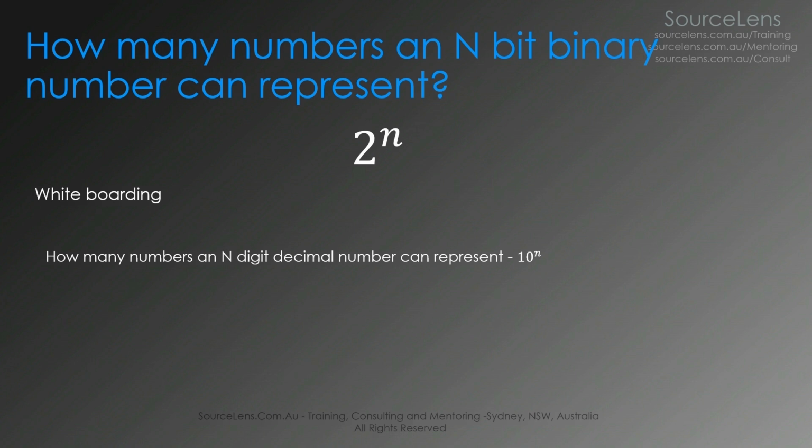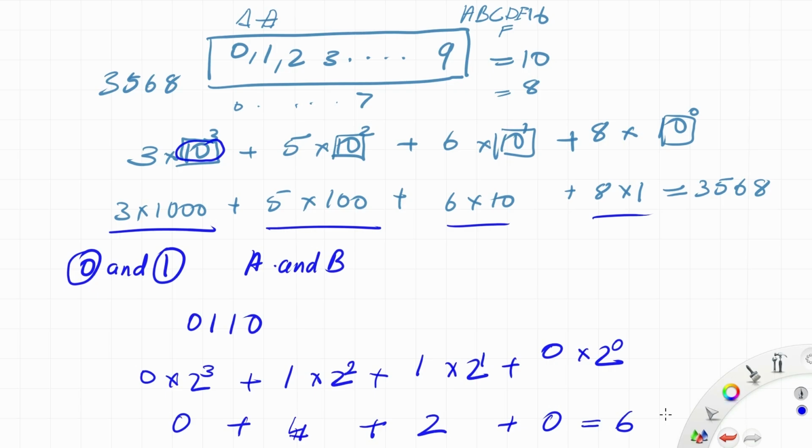Let's get back to the drawing board. So a 3-digit numeral. I'm going to draw squares for 3 digits. What is the amount of numbers? How many numbers can these 3 digits represent? The maximum is 999, right?